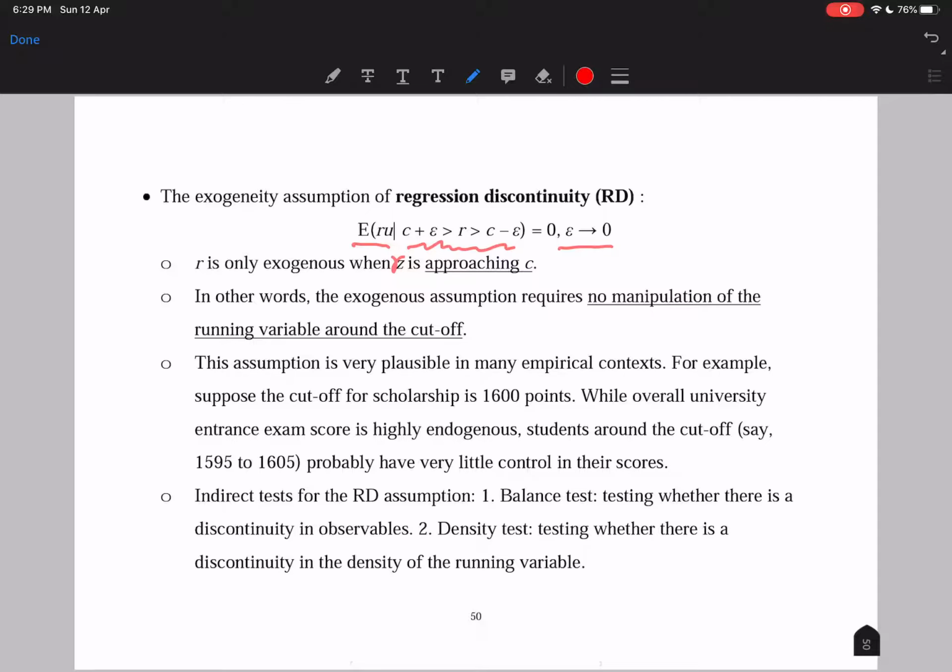We use a rule that students need to pass 50% of their coursework after 2 years of study. So we look at students just slightly above the 50% cutoff, say a student who passes 55% versus a student who only passes 45%. Our argument is that these students have little control to manipulate the cutoff.